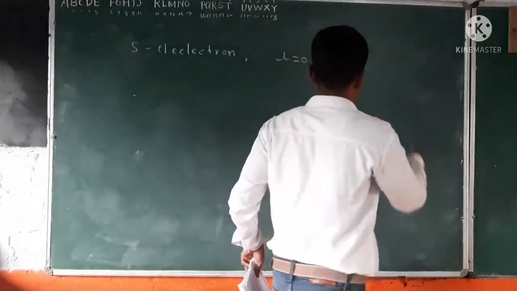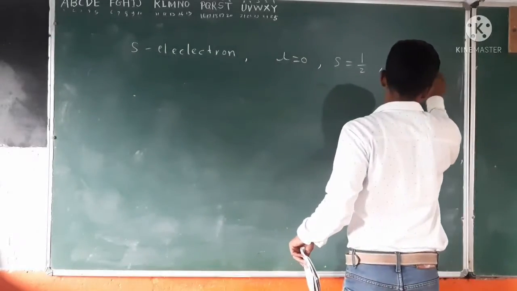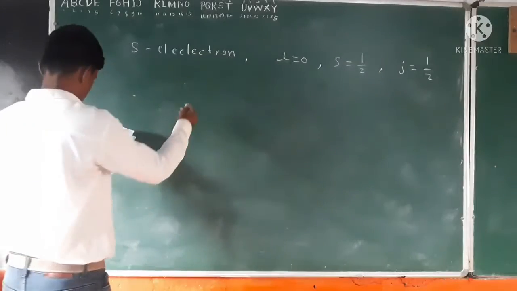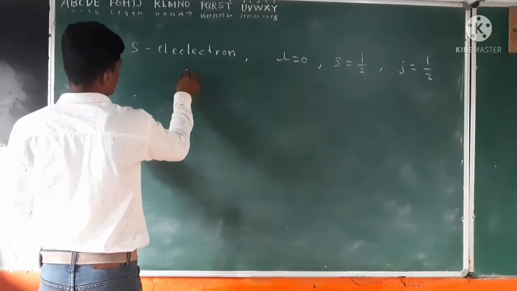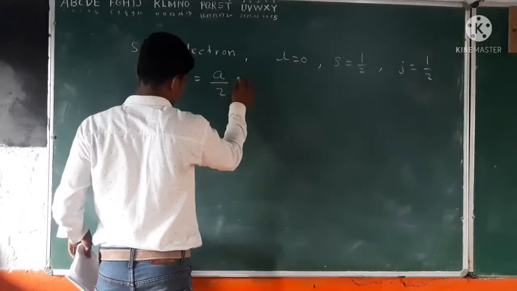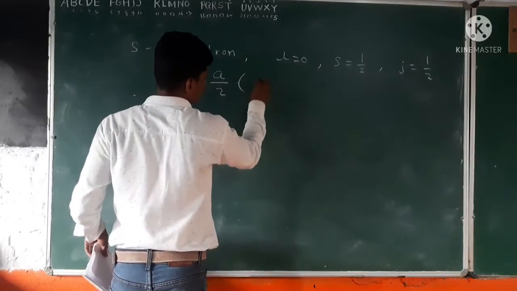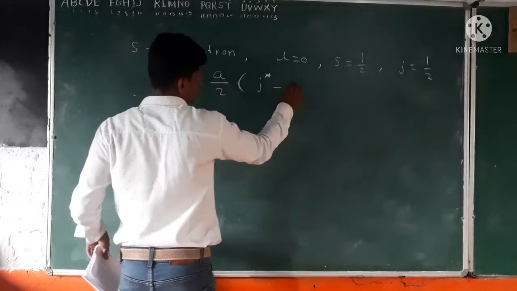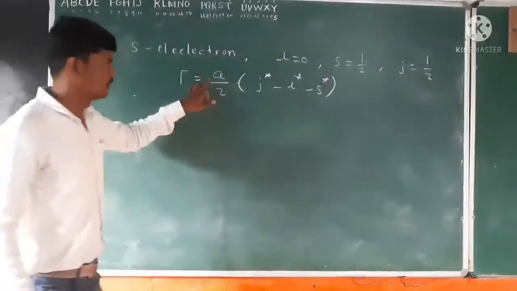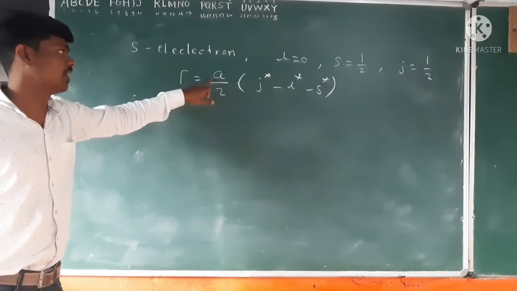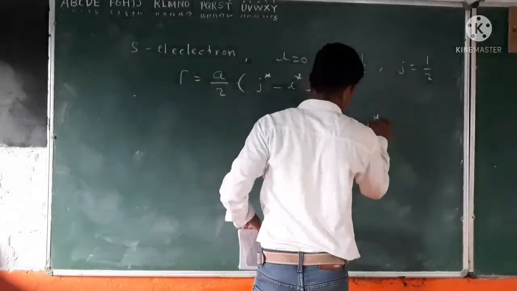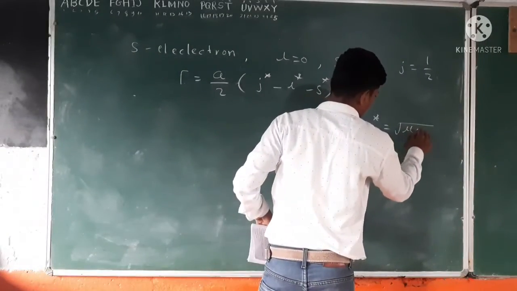Then obviously the value of J will be only half, a single value of J. So using the formula tau is A by 2 times (J star minus L star minus S star), we don't have to write the complete value of A. Just calculate these three; we know L star is the square root of L (L plus 1).